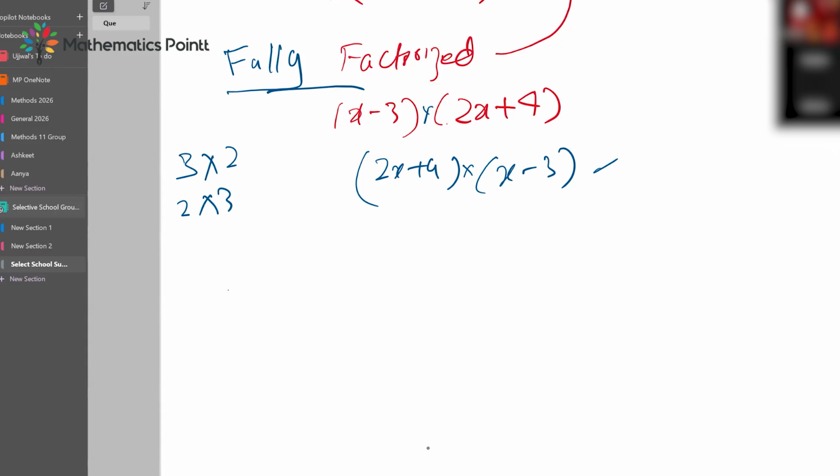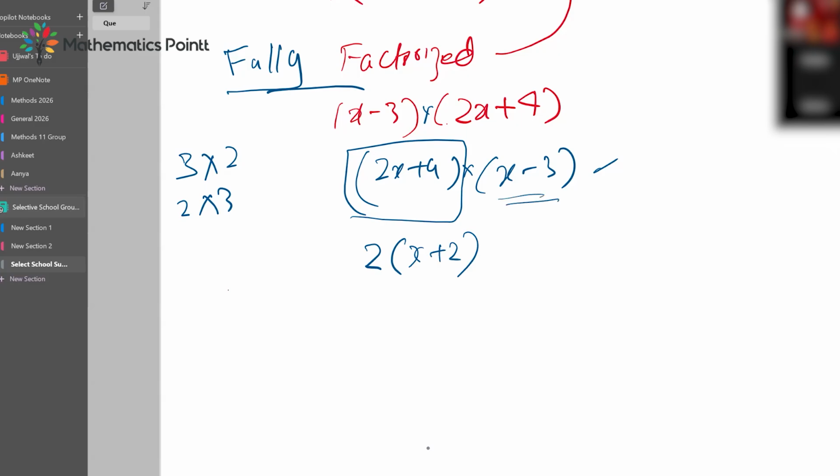But have I fully factorized it? No. Just look at 2x plus 4. Can you tell me what is common between 2x plus 4? Can I still factorize it? Thank you very much. Let's pull out the 2 as well. So what's remaining? X plus 2.